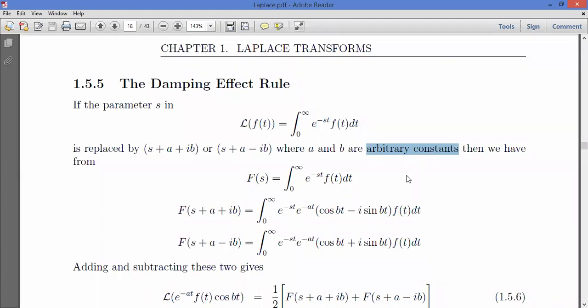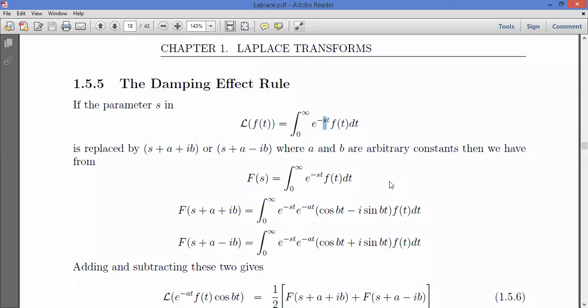Okay. So in this case, we are saying if you have, by definition, L of F of t is given by that, then it's just a replacement of S, and then you go into similar derivations for trigonometrical functions.